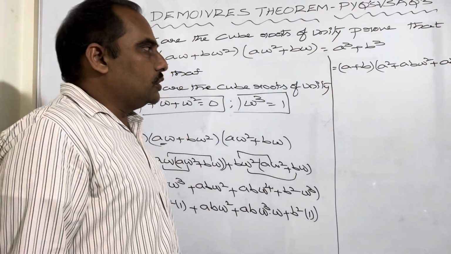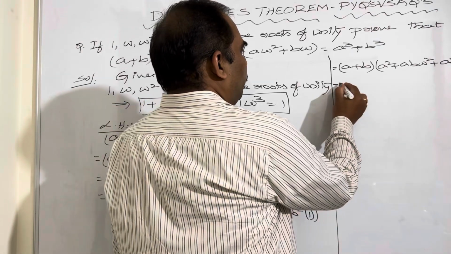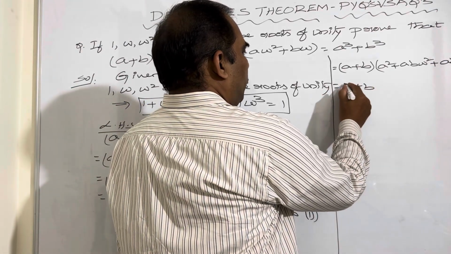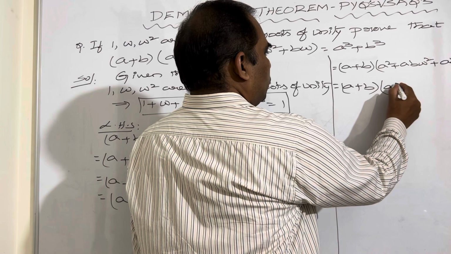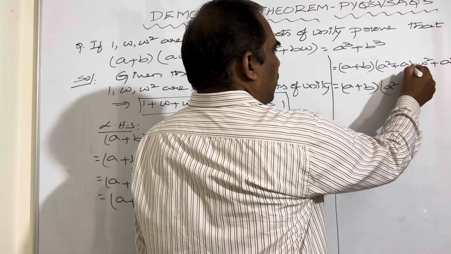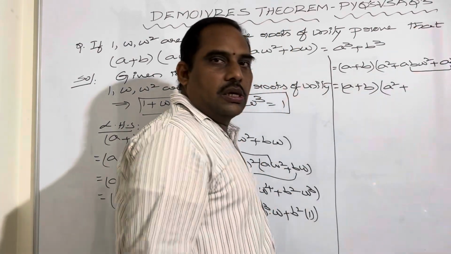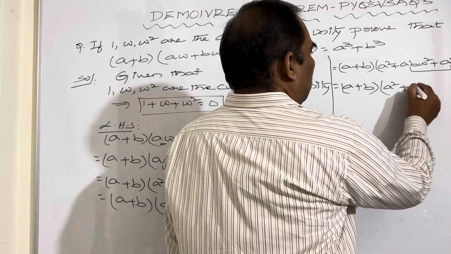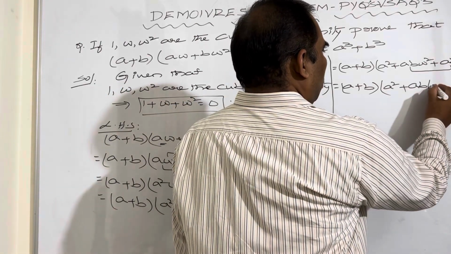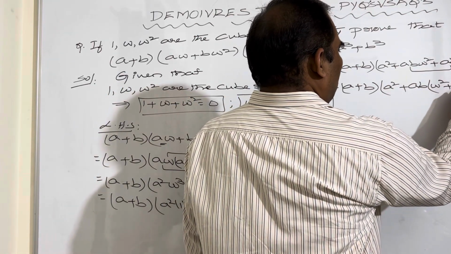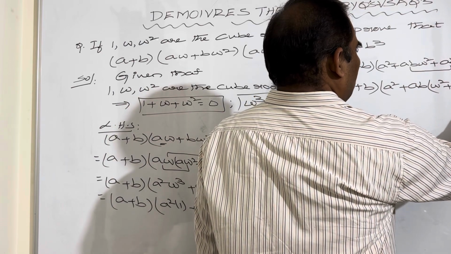Clear? So now observe that (a plus b) into a square as it is, and from these two terms ab is taken common, so when we take ab common we get omega square plus omega, plus b square.